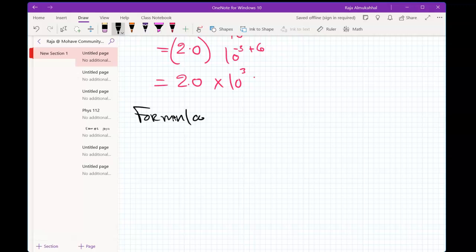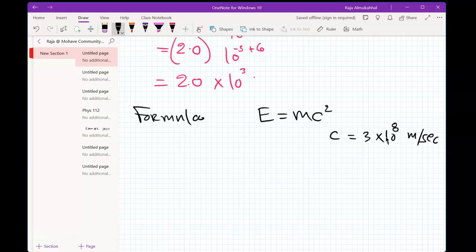Let's take the famous formula, Einstein's formula, E equals mc squared, for example, okay? Where you may know that c here is the speed of light, and it's equal to 3 times 10 to the 8 meters per second, okay? So basically, this is the speed of light in meters per second.